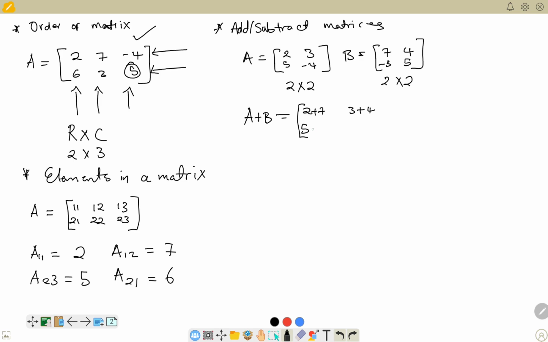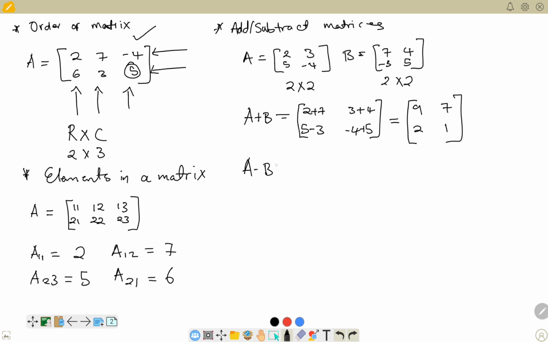Then 5 minus 3, because we have a negative 3 there. And then negative 4 plus 5. So that's how we add. So now we just need to find the result. 2 plus 7 is 9. And then 3 plus 4 is 7. 5 minus 3 is 2. Then negative 4 plus 5 is 1. Then we have completely added there.